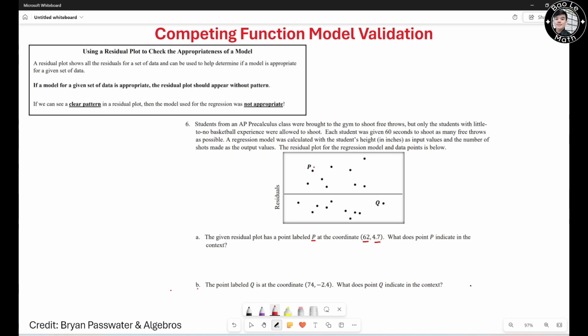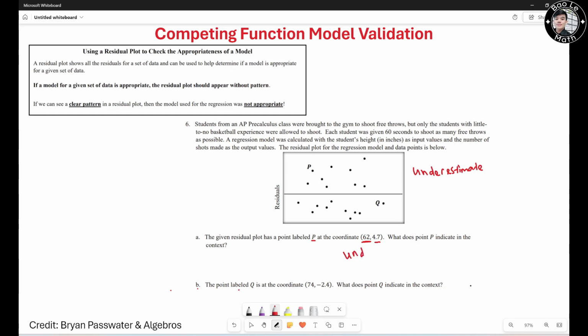So point P is above the x-axis, for the student with a height of 62 inches. The model underestimates the actual number of shots made by 4.7. Alright, so above the x-axis, underestimates. So this is an underestimate, right?